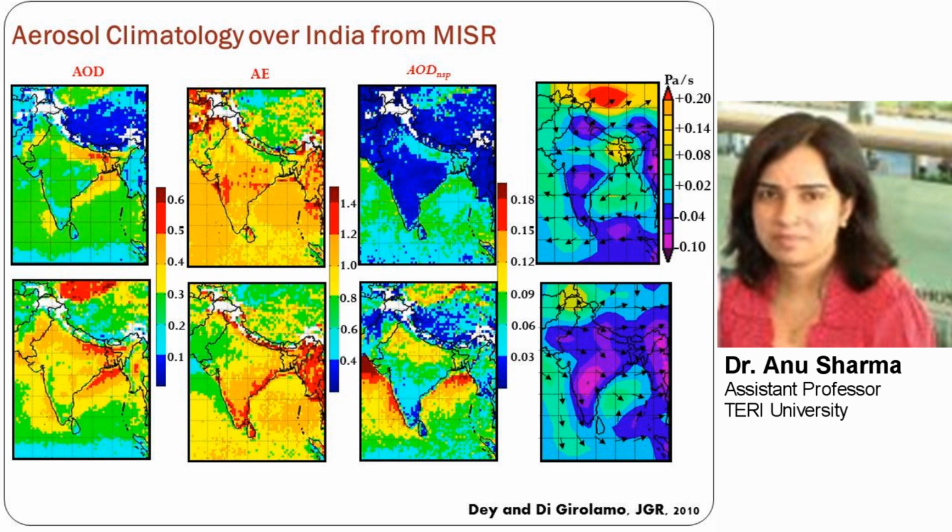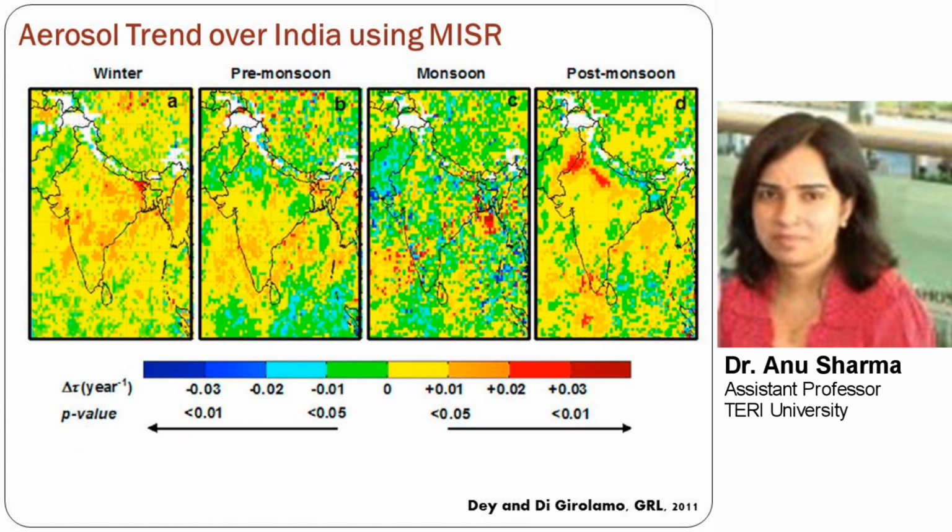What they did is they tried to analyze the aerosol climatology, that means the variability of atmospheric aerosols over a period of 10 years. They observed aerosol optical depth and aerosol Angstrom exponent, which mostly tells about the size, and they tried to explain that over a period of time aerosol load has increased over India.